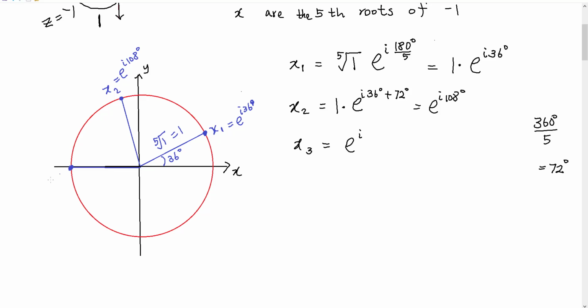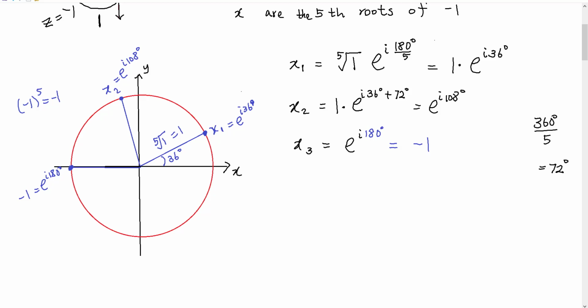As you know, this point right here is e to the i 180 degrees, and that's nothing but negative 1. So negative 1 to the 5th is negative 1. That's why negative 1 itself is a fifth root of itself. So negative 1 is the third fifth root of negative 1 because negative 1 to the 5th is negative 1.